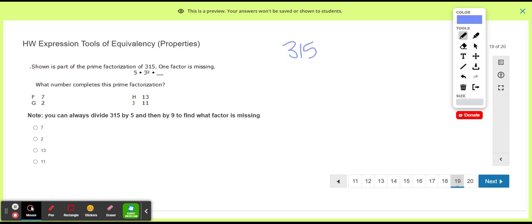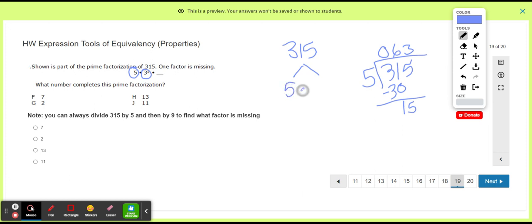So there's 2 ways to solve number 19. You could do a factor tree of 315, or you can do dividing by the factors given. We've got 315 divided by 5, and that is going to give us 5 times 63. 5 is prime, 315 is composite, 63 is composite.